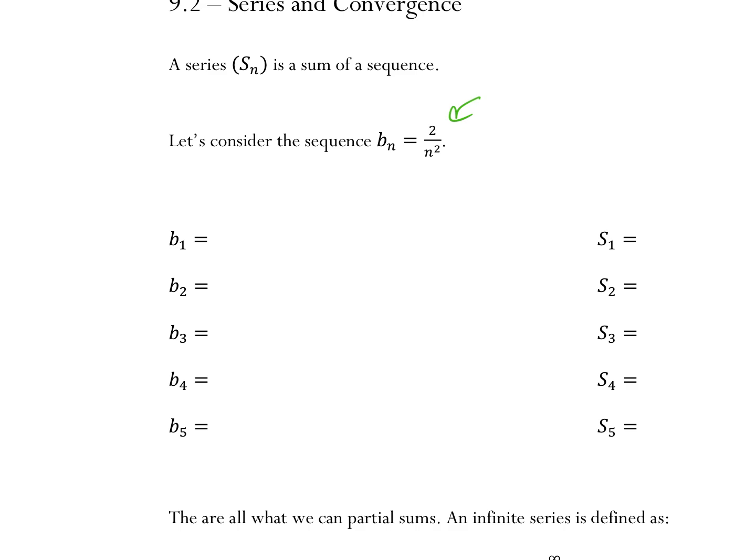Like, b1 would be 2 over 1 squared, which is 2. And then what would b2 be? One half. b3 would be 2/9. b4 is 2/16, which I'm going to call 1/8 if you don't mind. 2/25, etc.